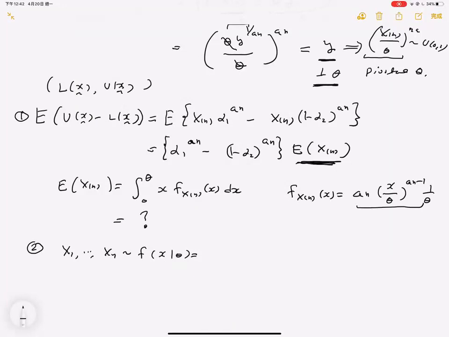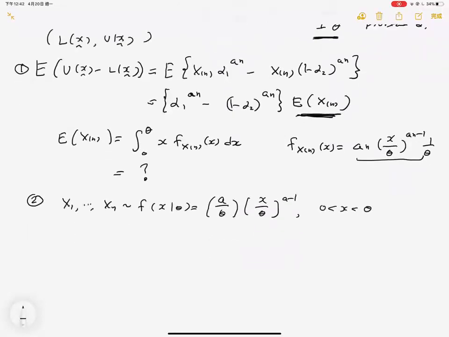If you go back to the slides, in the scale family, what's the natural pivotal quantity I'm going to choose? It is x bar divided by theta.